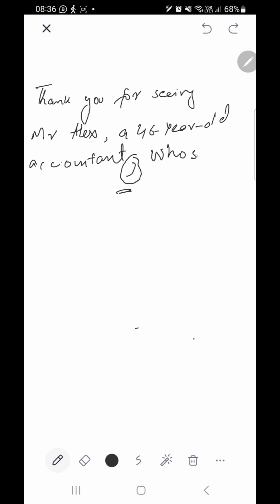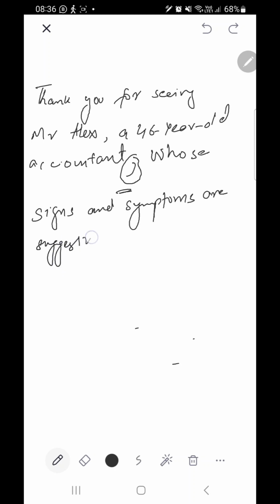signs and symptoms are suggestive of diabetes mellitus, right?